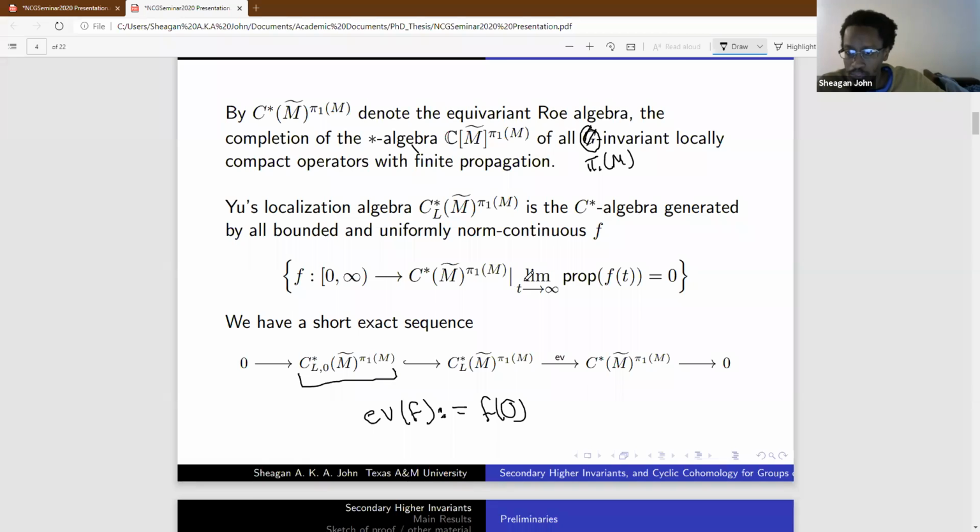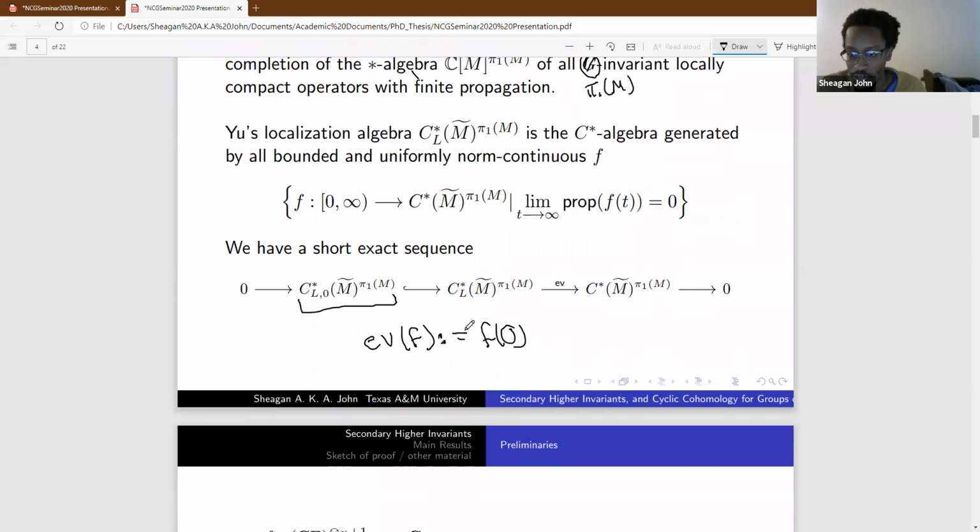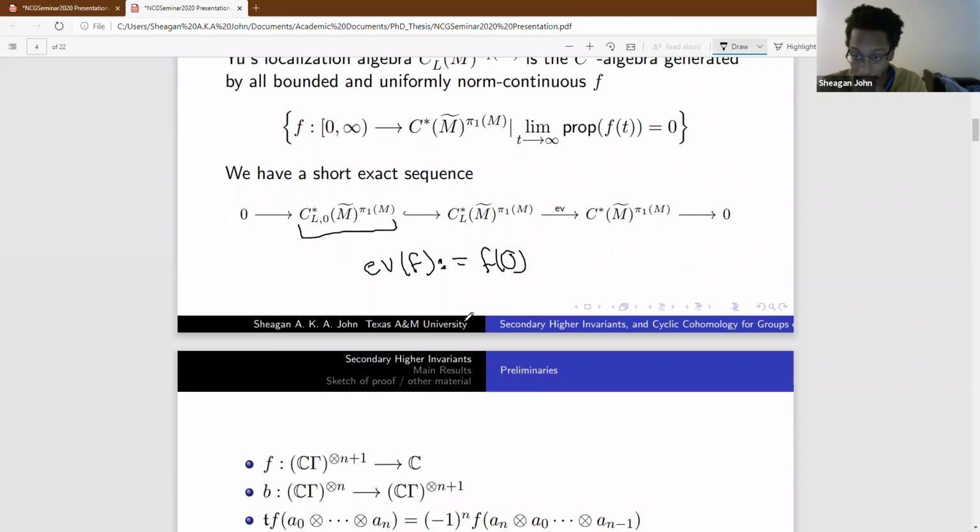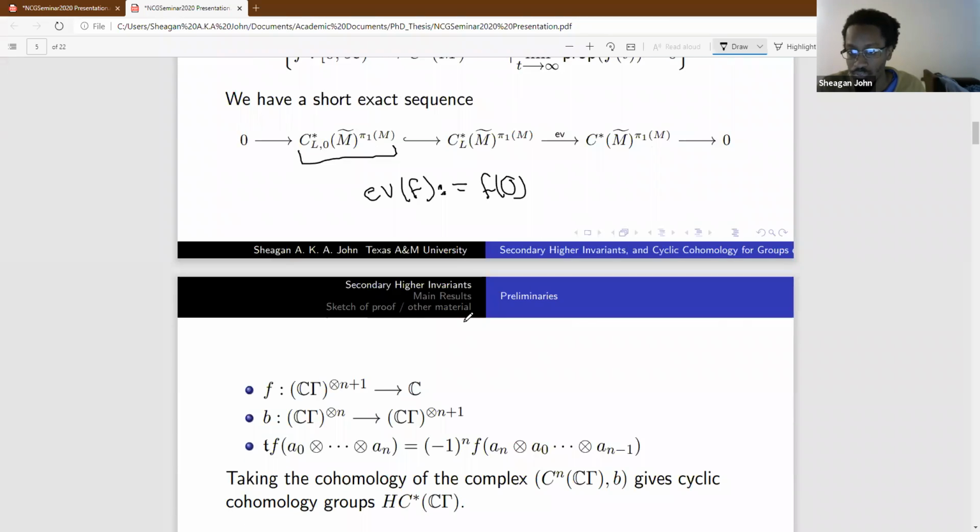Now, for the ease of computation of the secondary higher invariants that we'll be speaking about, we want to pair elements in these algebras with cyclic cohomology classes. So I'm just going to quickly recall and define a concrete expression for this cyclic cohomology.